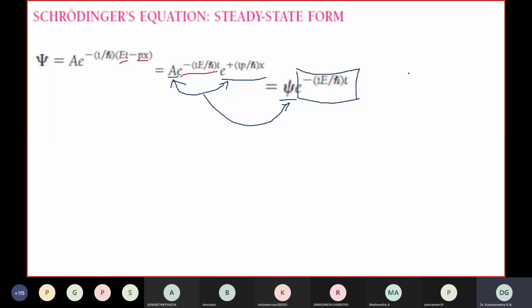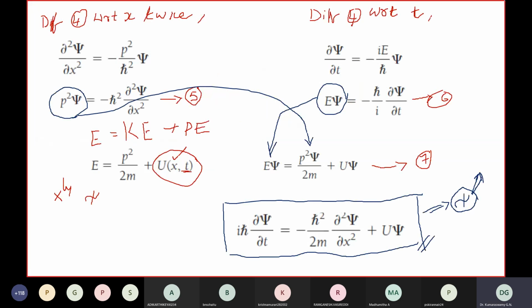Note this down. If it is over, let's move on. Next, we have E psi is equal to E into phi into e to the power of minus iEt by h cross. What we have done is taken the previous equation and multiplied this equation.